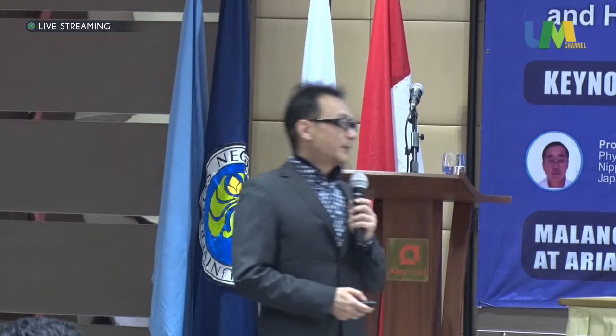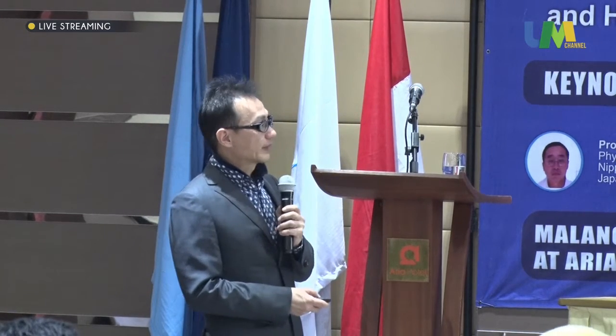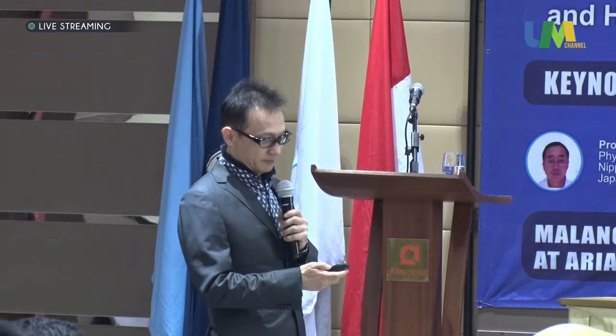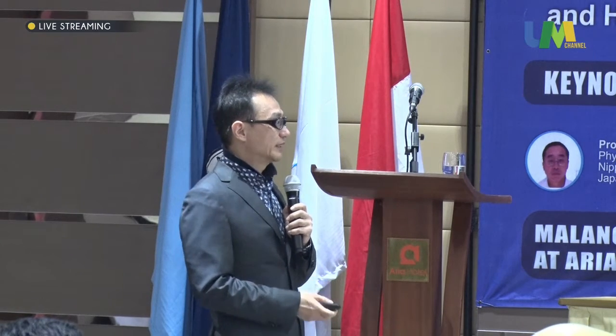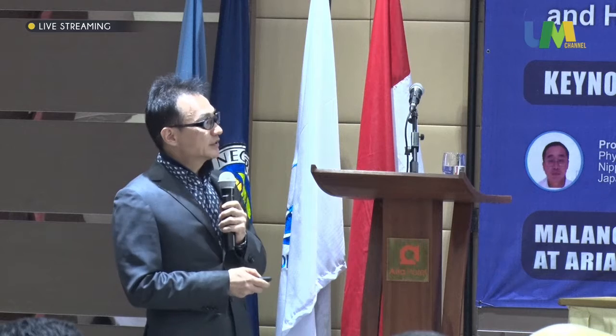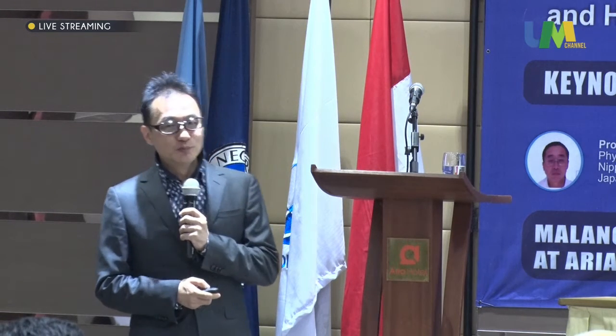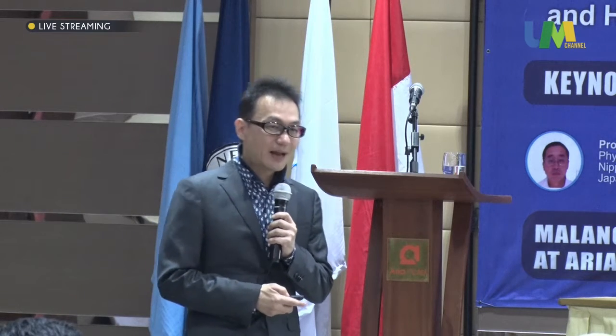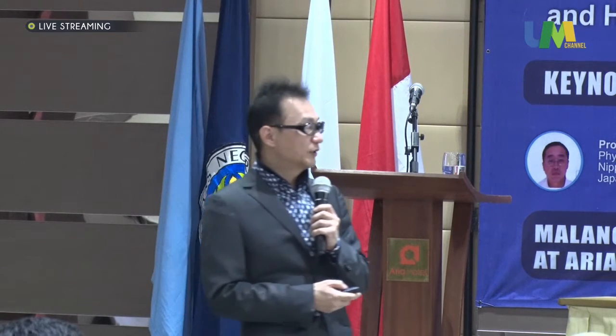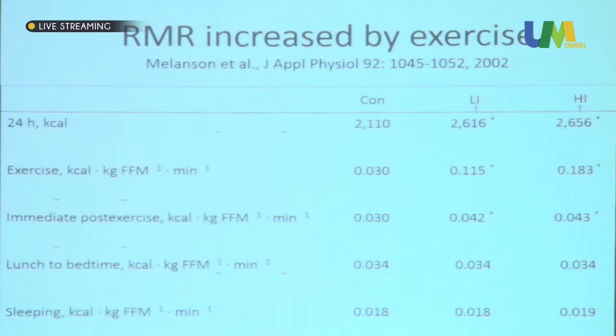Okay, how about the metabolic rate? Exercise will increase metabolic rate. Everybody knows this, right? The best way to measure basal metabolic rate is to place someone into a chamber. This is what we call indirect calorimetry. Here you see 24 hours energy expenditure.